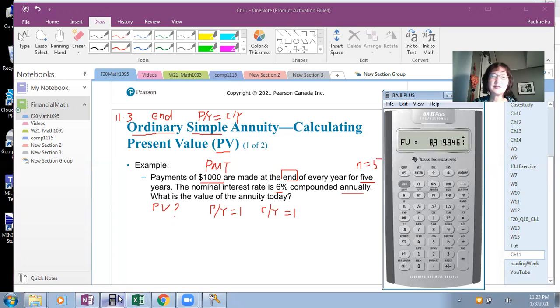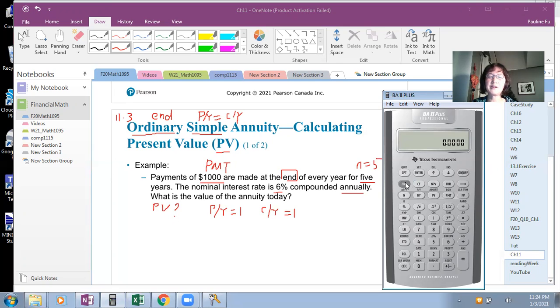Method 1, financial calculator. Okay, start with second quit. Make sure your calculator is in the end mode. So I will show you how to get the begin mode so that you know what is the begin mode, what is the end mode.